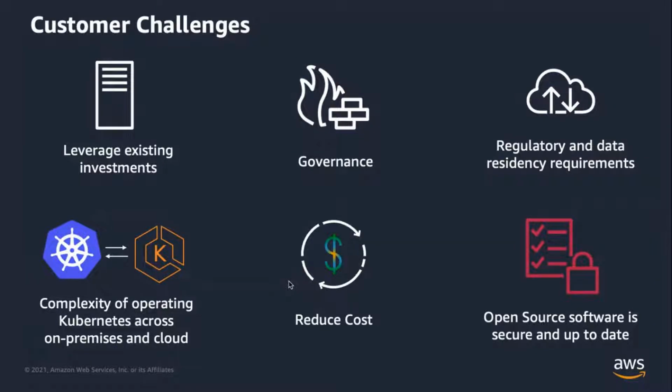And EKS Anywhere ensures that you get up-to-date secure software, as well as all vulnerability issues that are being scanned are kept up to date within the EKS Anywhere distribution. So moving on to the next slide.